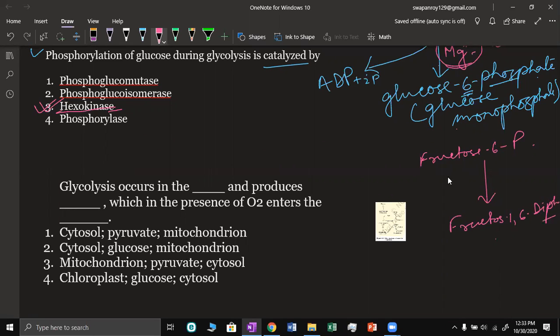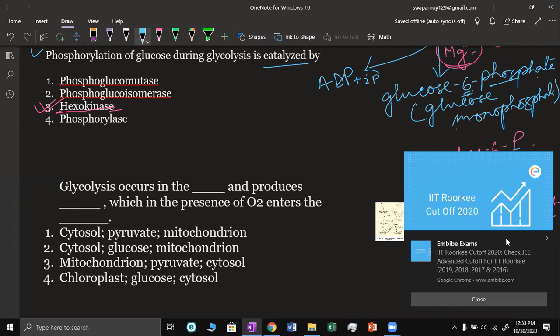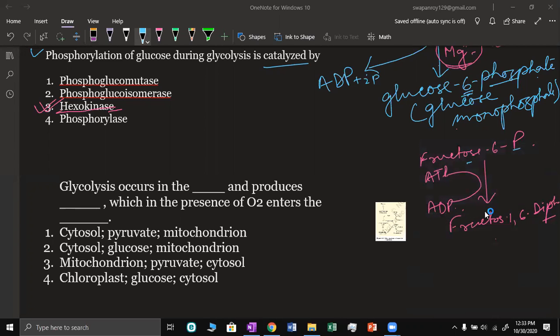Here also ATP is consumed, ADP is formed, and the enzyme here is also a kinase enzyme, but we call it phosphofructokinase, because this kinase enzyme is adding a phosphate group to fructose.